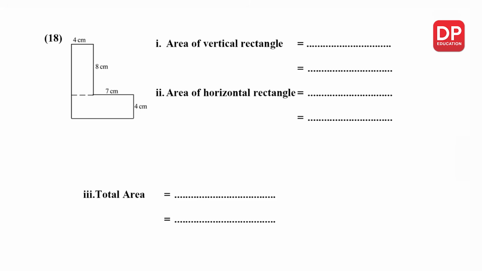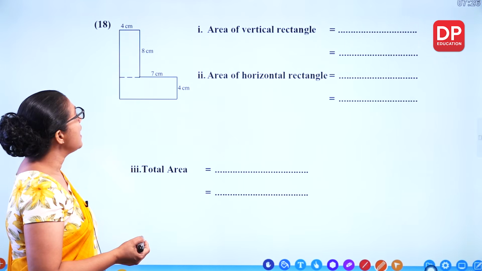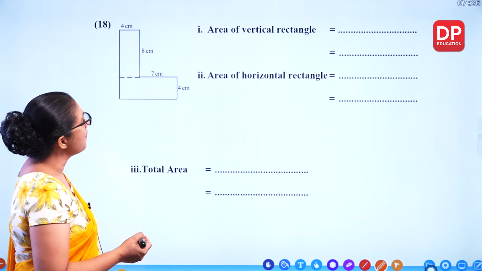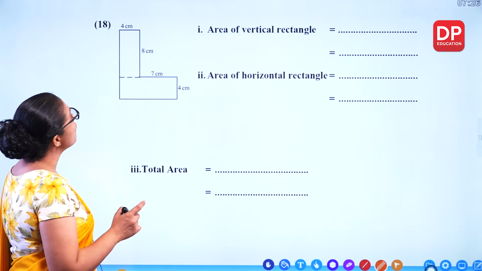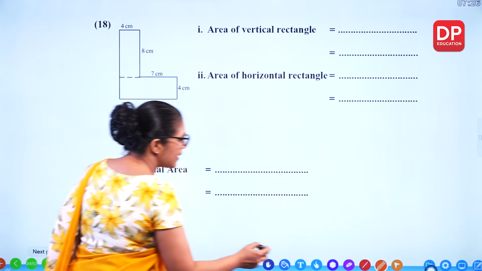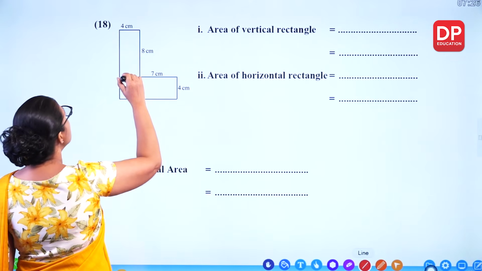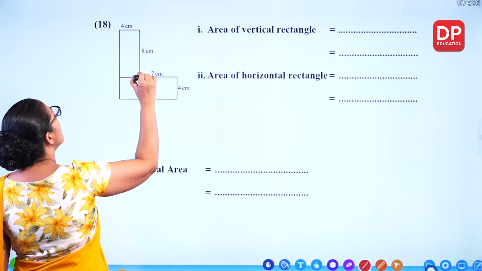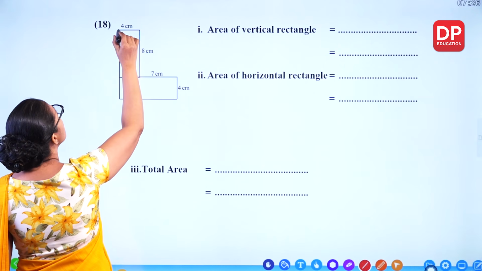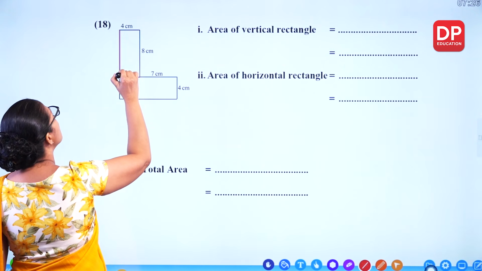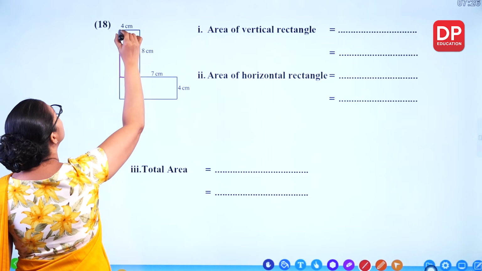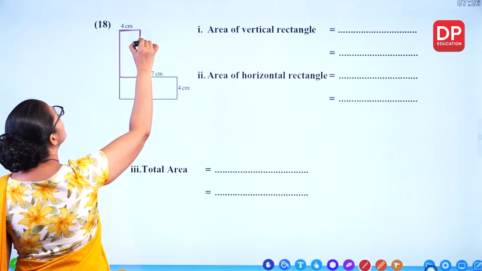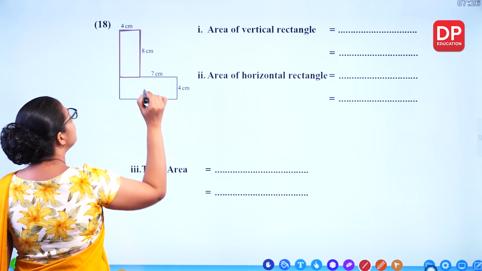Look at this diagram. Area of vertical rectangle and area of horizontal rectangle. You are asked to find the area of the composite figure. So we'll first take area of the vertical rectangle. Which one is vertical? This one. I'll take this one. So this is the vertical one. I'll put a color there.